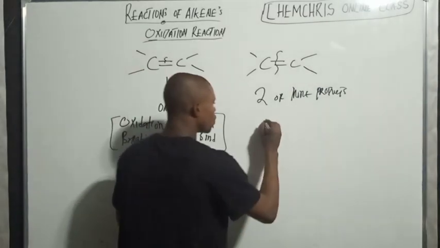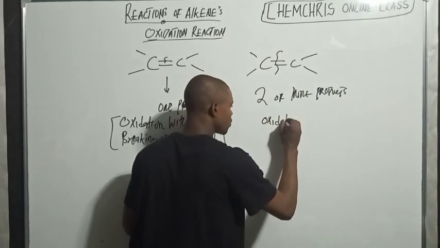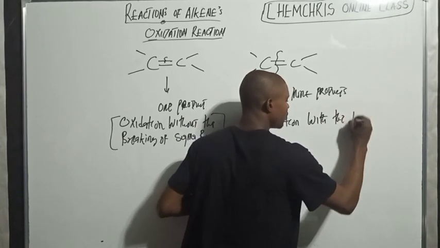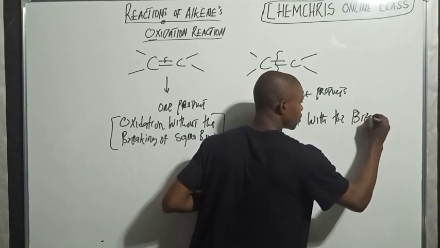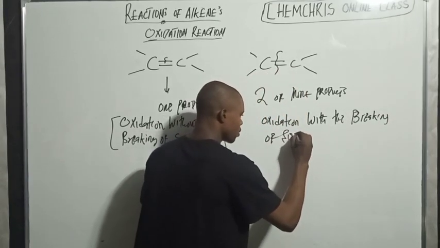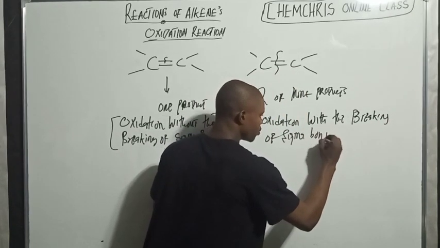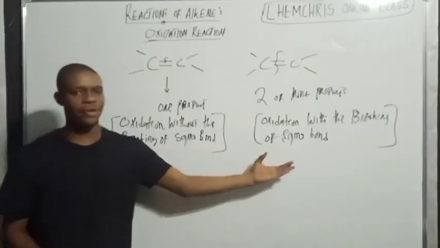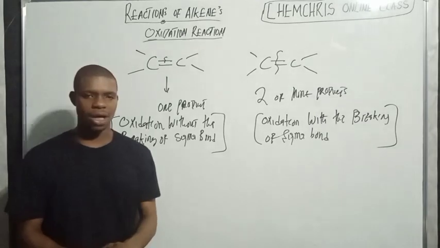Then we have oxidation with the breaking of the sigma bond. These are the two types of reaction in which alkenes undergo oxidation.